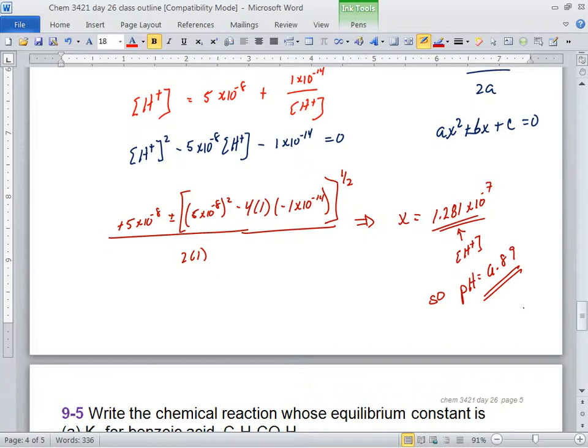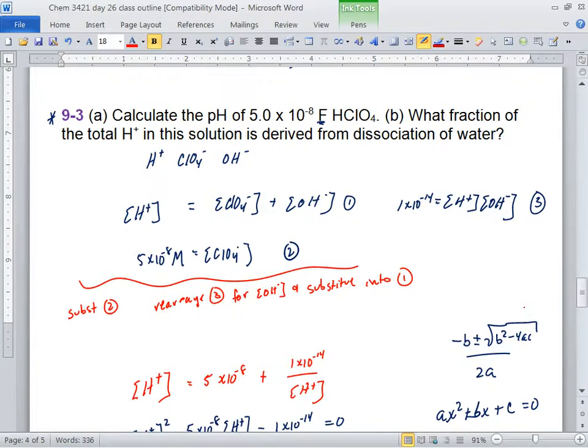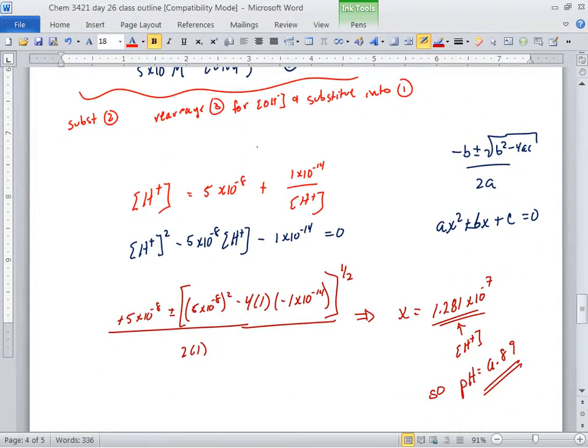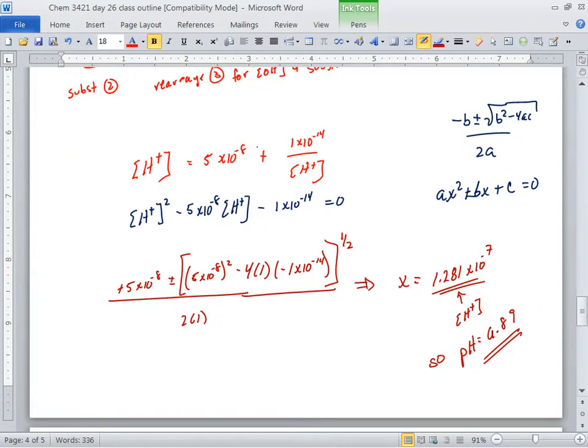Okay. They wanted that. What else did they want? So calculate the pH. Done. What fraction of total hydrogen ion is derived from the dissociation of water? What's the trick in doing that again, Jeffrey? The concentration of the hydroxide over total H+. There you go. Get the concentration of hydroxide and put that over our hydrogen ion concentration.